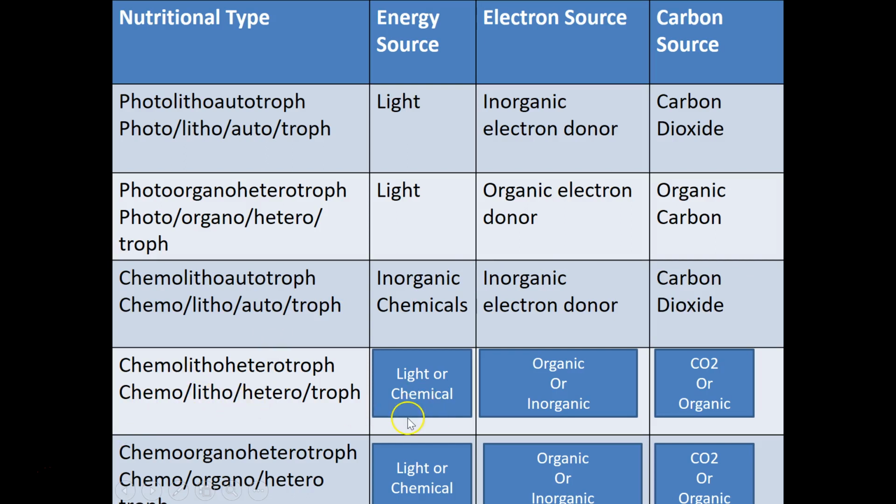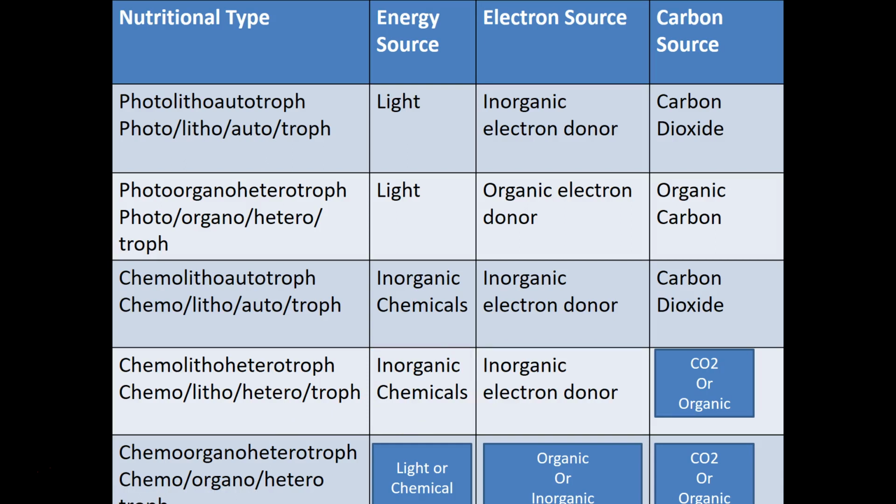Chemo-litho-heterotroph: this one is using inorganic energy, from inorganic molecules, using those electrons to use that chemical energy. But this organism can use an organic form of carbon. This will make sense when we look at examples of organisms that can do these things.